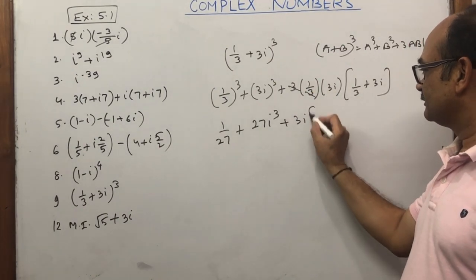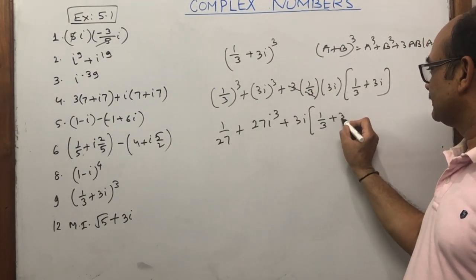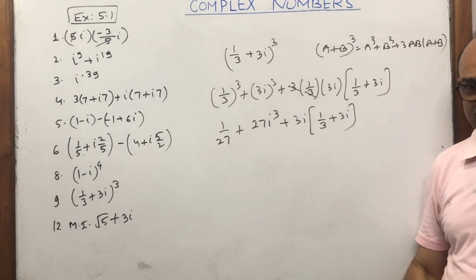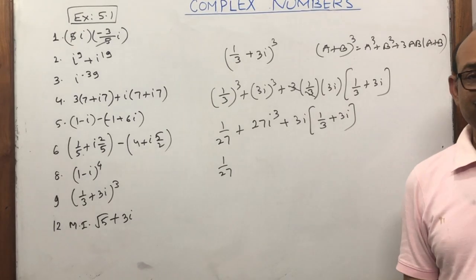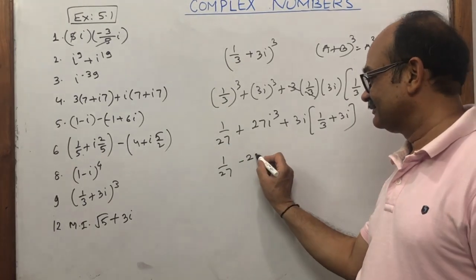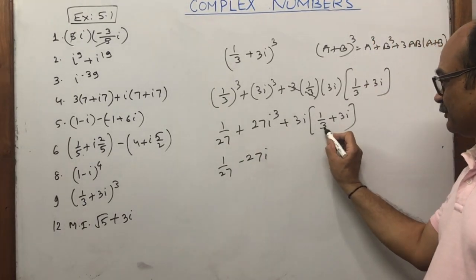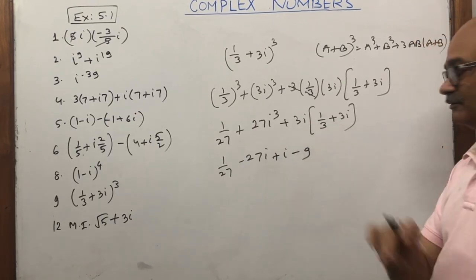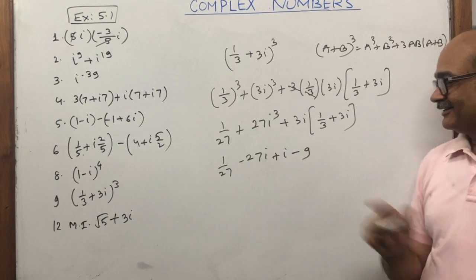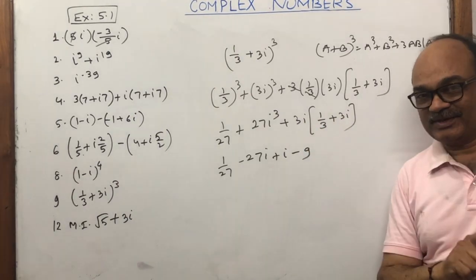So 3 iota, 1 by 3, 3 iota. Expand it. 1 by 27. What is iota cube? Minus iota. 3 iota into 3, only iota. And 3 iota into 3, why minus 9? 3, 3, 9 iota square.